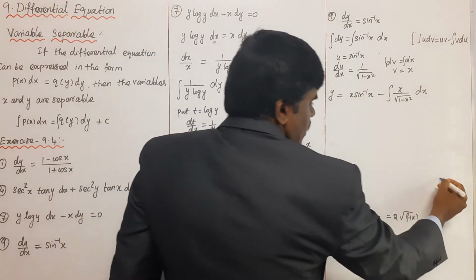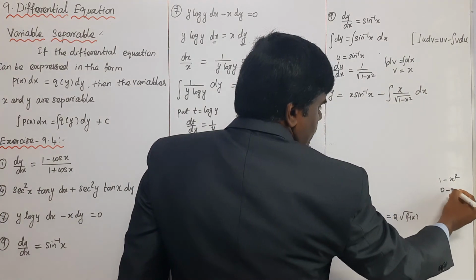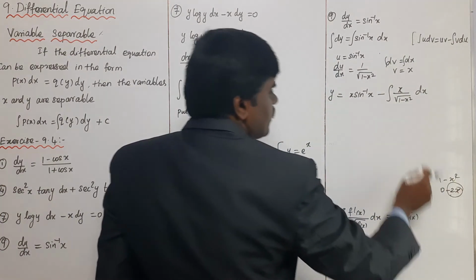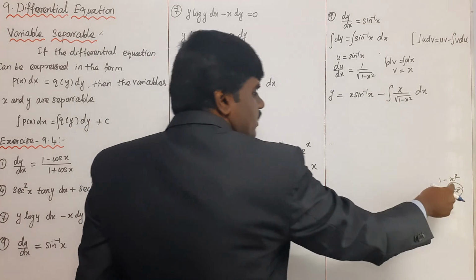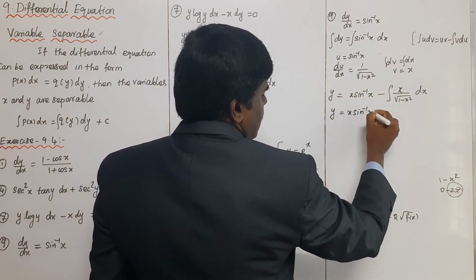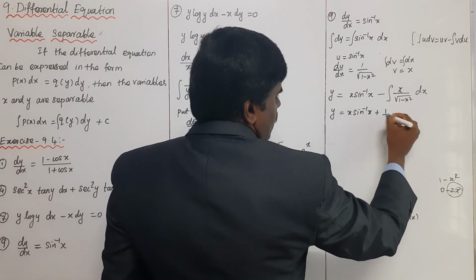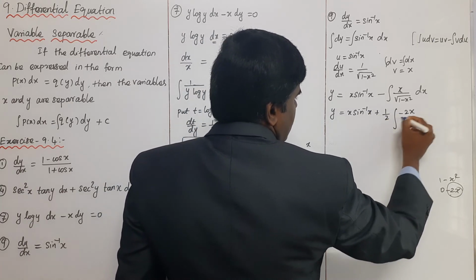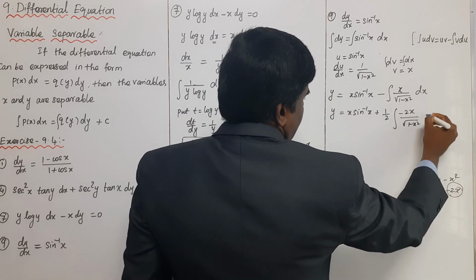Up here, 1 minus x square differentiates to 0 minus 2x. I need the 2x, so I multiply and divide the numerator and denominator by 2. So x sine inverse of x plus 1 by 2 integration of minus 2x divided by root of 1 minus x square into dx.